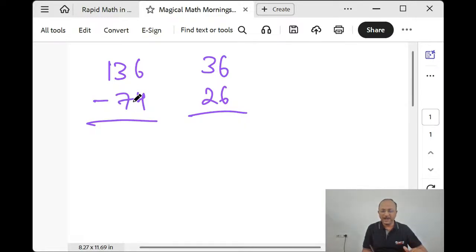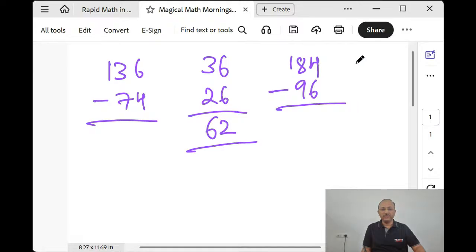By practice, we can easily tell the answer by visualizing: 36 plus 26 is 62. Isn't it? Definitely yes. Let's consider 184 minus 96. What we do? This is 84, and this is 4 less than 100. That is 88, the answer.